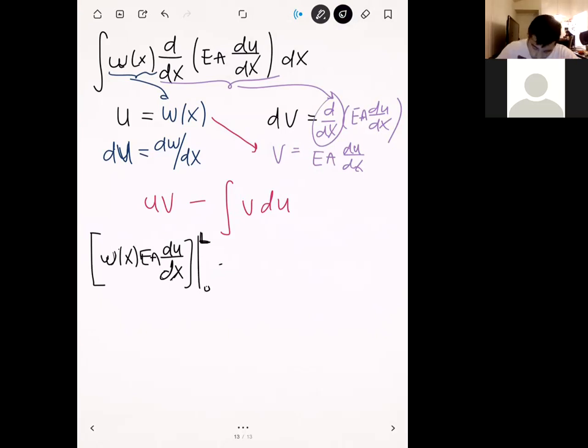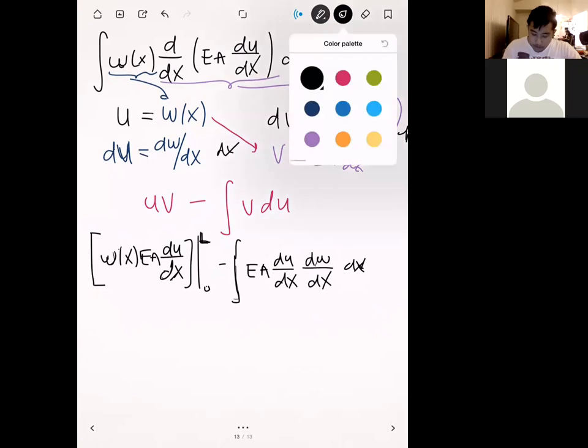Then we're going to subtract this integral right here. We take the integral of v, and v in this case is EA du dx, multiplied by du, and du in this case is dw dx. I think I missed a couple; there should be a dx here and a dx right there.